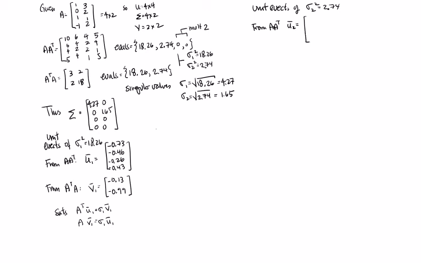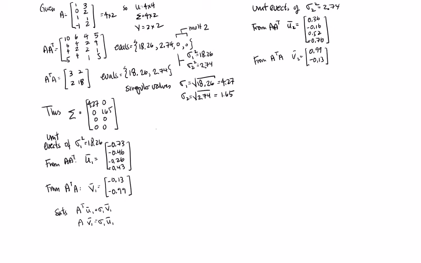Again, this is the icky one. This is 0.36, negative 0.16, 0.52, negative 0.76. And from A transpose A, we have V2, which is not so bad, 0.99, negative 0.13.